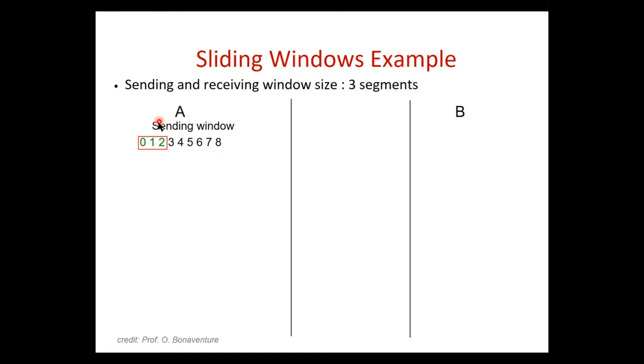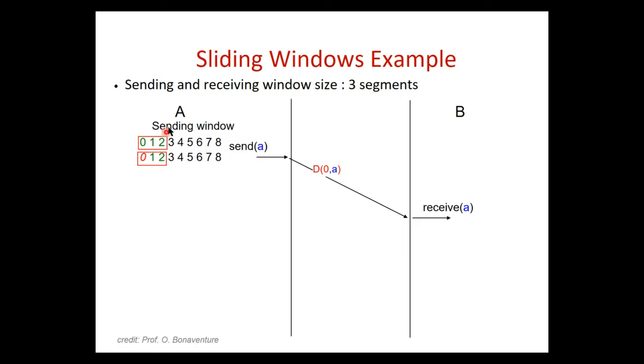Initially at the sender, I assume that the sending window has a size 3. That means the sender is allowed to send 3 packets before it has to stop and wait for the ACK. And these are the sequence numbers of these 3 packets: 0, 1, 2.